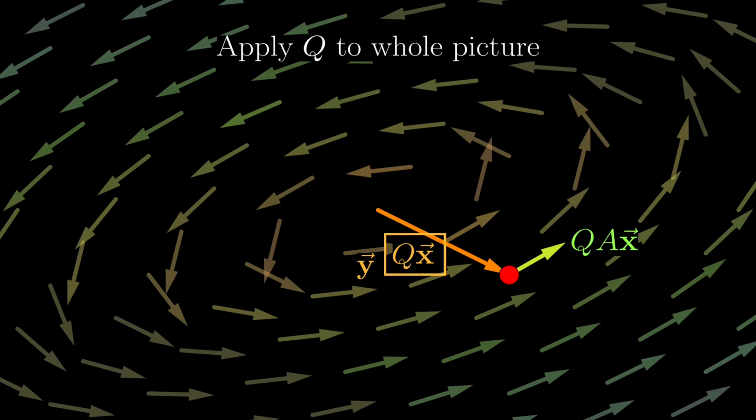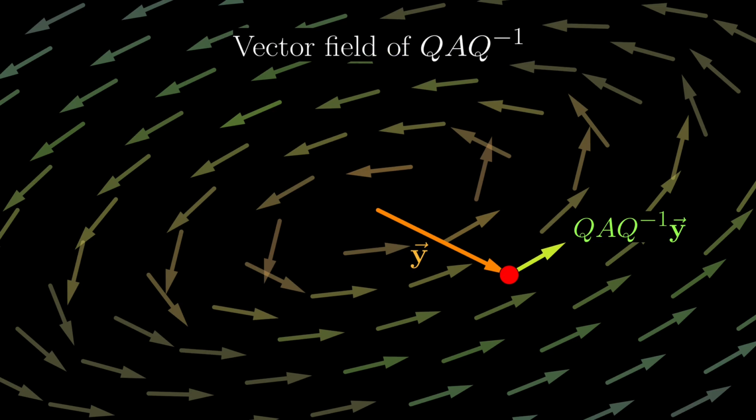Then in terms of y, the attached vector is QAQ inverse y, if Q is invertible. So for any position vector y, the attached vector is QAQ inverse y, which suggests that this is actually the vector field of another matrix, QAQ inverse.